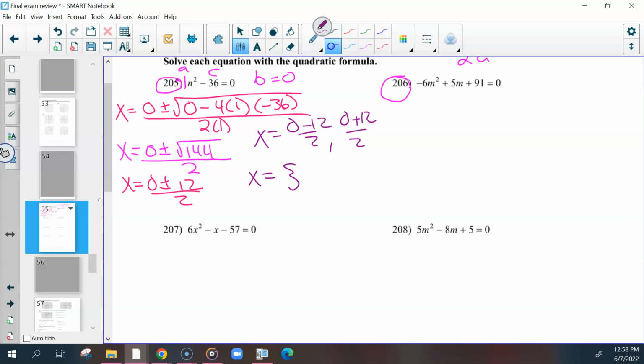Negative 12, or 0 minus 12 would be negative 12, divided by 2 would be negative 6. 0 plus 12 would be 12, over 2 is positive 6. So our solutions would be negative 6 and 6. Do we have any questions on that one?